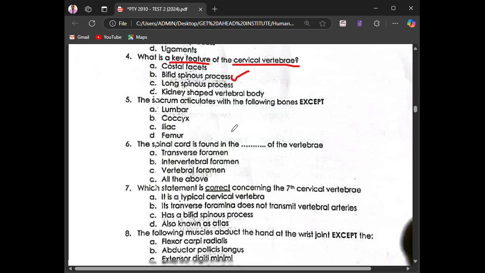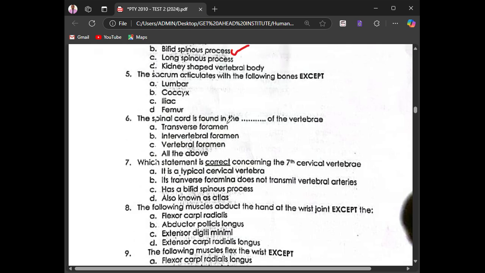Okay, so we go to question number 5. Question 5 says the sacrum articulates with the following bones except. So in other words, all of the following bones articulate with the sacrum except one. Which of those is among these options?